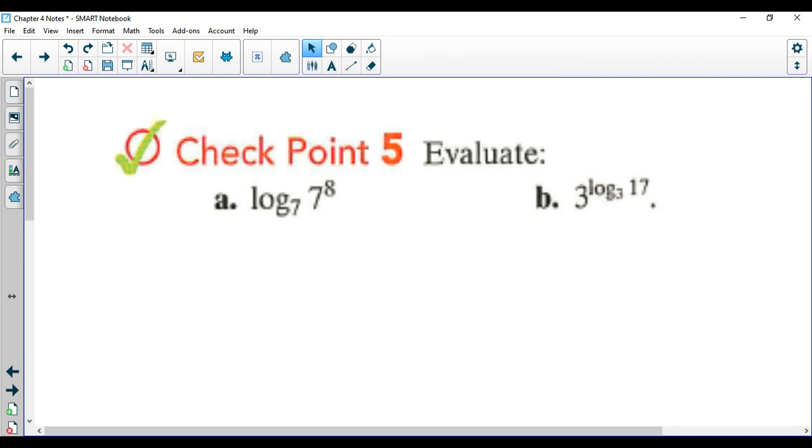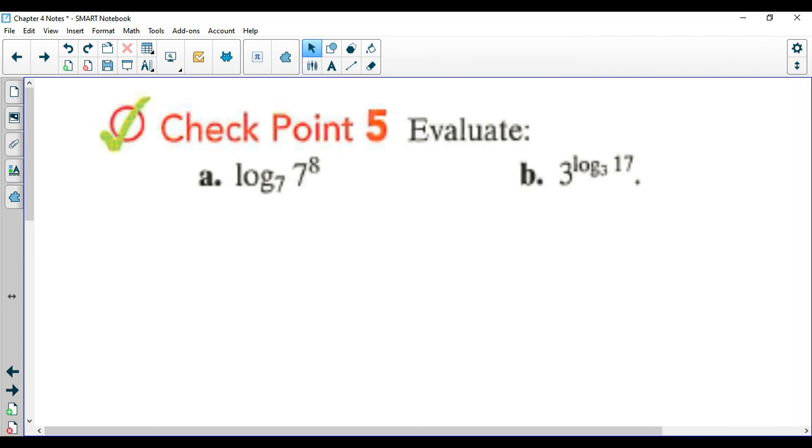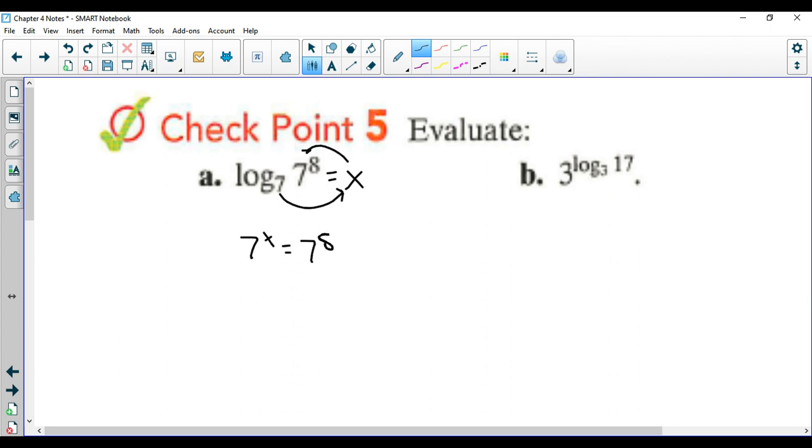Also, we have checkpoint 5 here. These are going to lead us to some properties that we're going to write down. So again, we'll put this equal to x. And we'd be saying 7 to the x power equals 7 to the 8th.